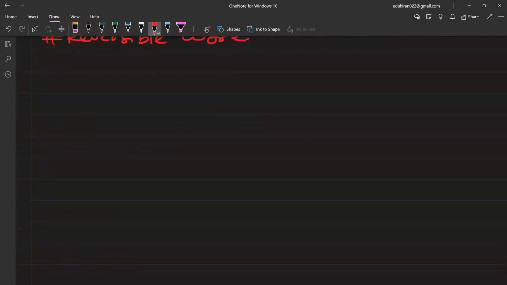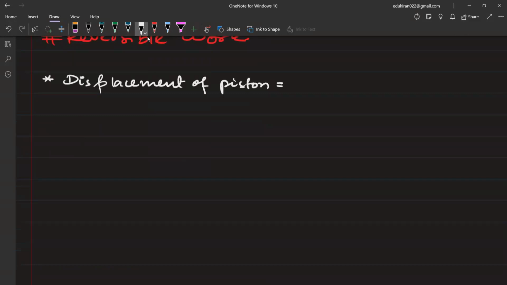Now, in this case, please write the displacement of piston that will take place. Displacement of piston will be equal to DL, small length. And there will be a small change in the volume. So dV change will be there. Now the area of the piston is the same, multiplied by the small change in the length.